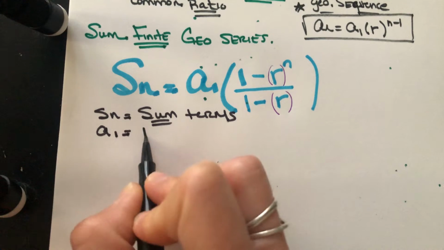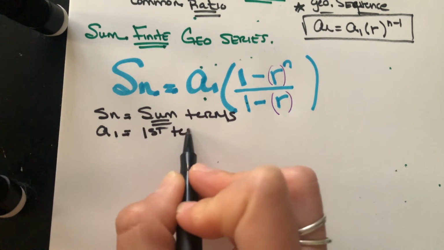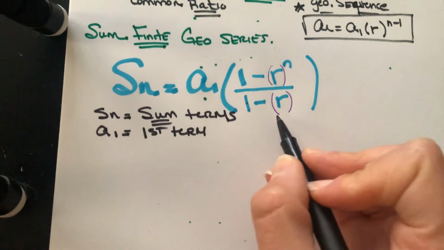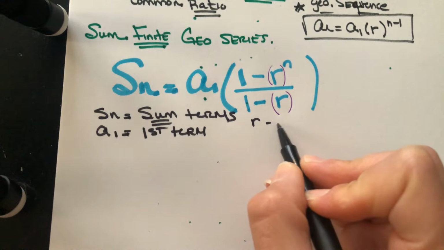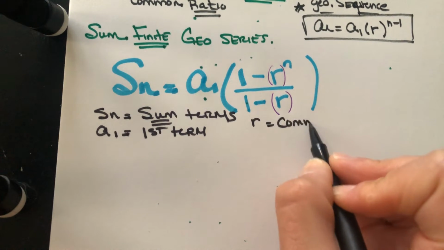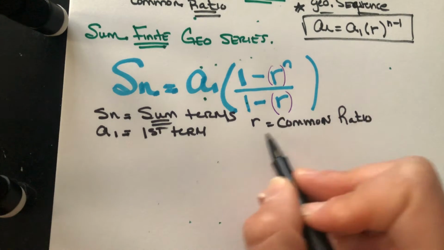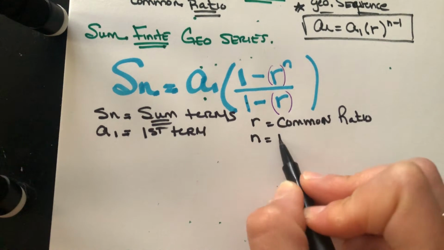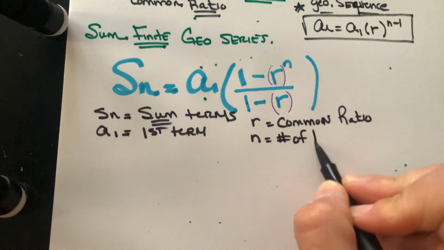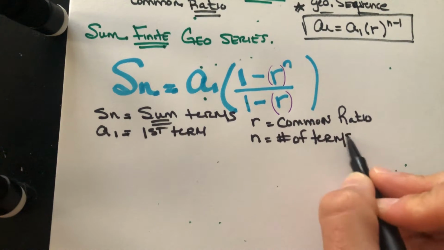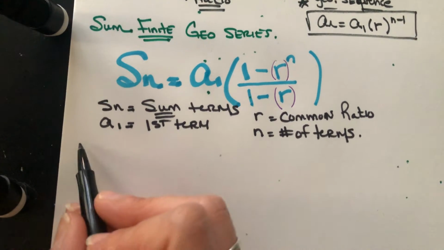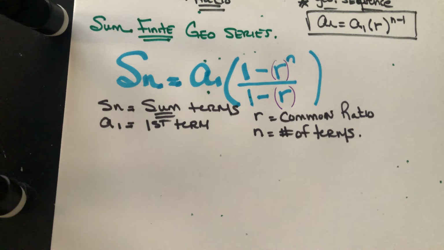A1 is the first term. R is our common ratio. And obviously, n is your number of terms. Very different than what we did with the arithmetic.